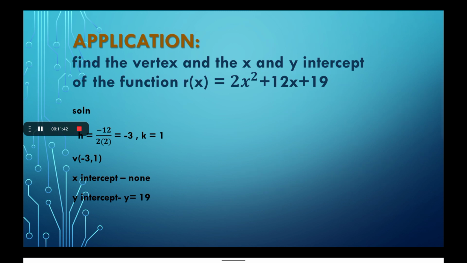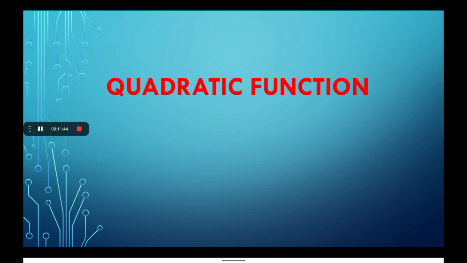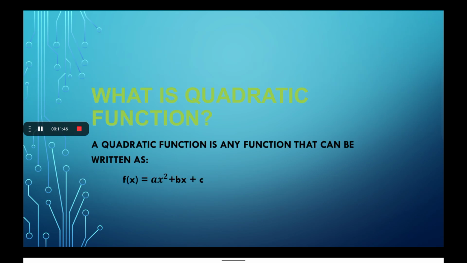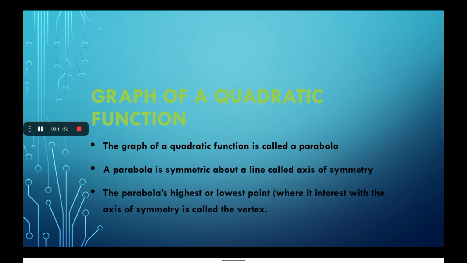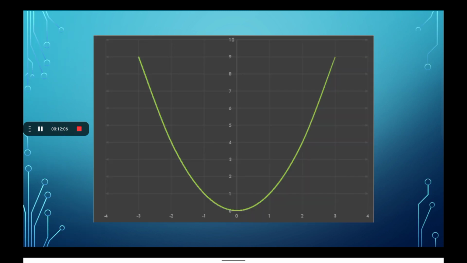Let me recall once again. A quadratic function is in the form f of x equals ax square plus bx plus c. The graph of a quadratic function is a parabola. The middle line is called the axis of symmetry, and the lowest or highest point of the parabola is called the vertex.